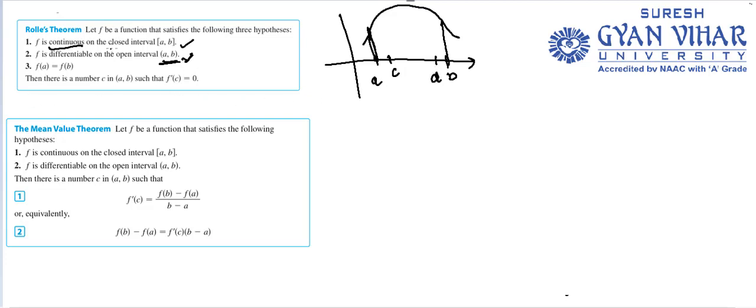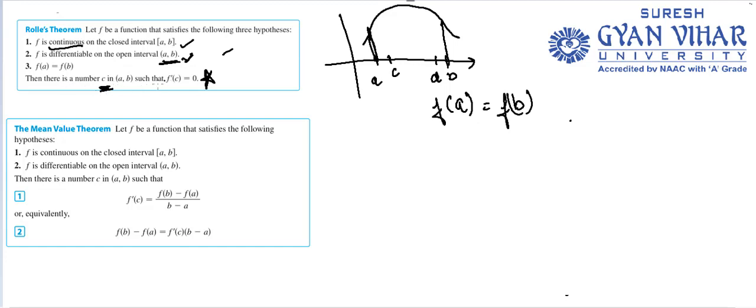So it should be a differentiable function from a to b and a continuous function from a to b, then if f of a is equal to f of b, okay, f of a will be equal to f of b, there will exist a number c. This part is very important to understand.